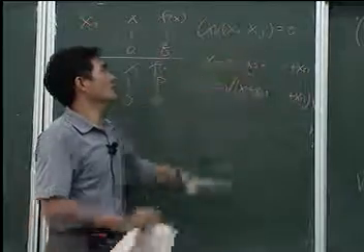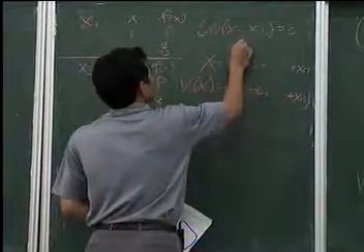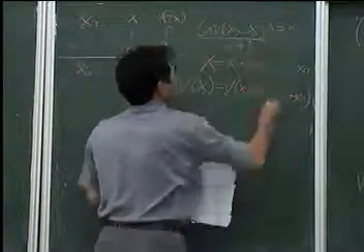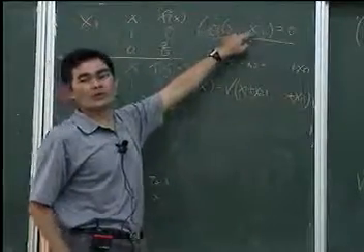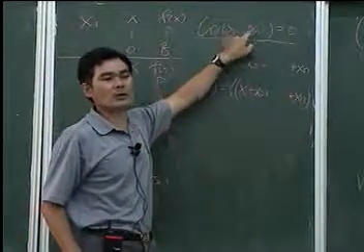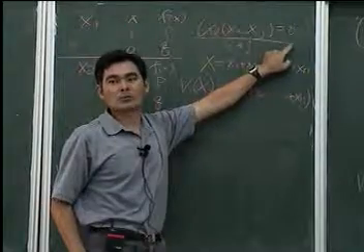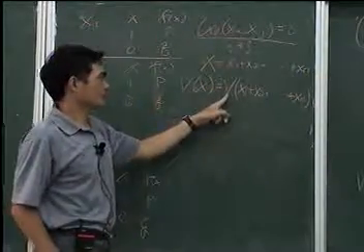So what does that mean? If i is not equal to j, these two variables are independent of each other, so the covariance is equal to 0.